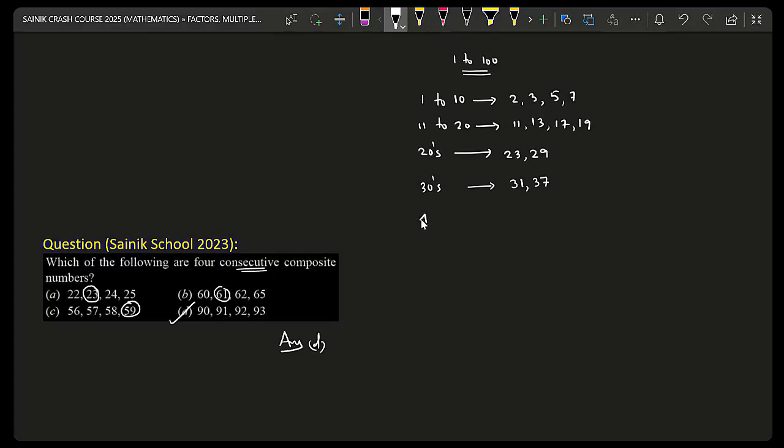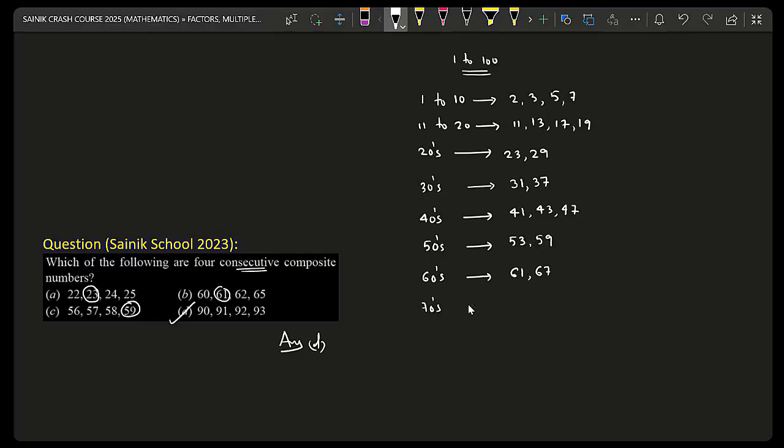And in the 40s, we have three prime numbers. What are they? 41, 43, and 47. In the 50s, we have two prime numbers: 53 and 59. In the 60s, we have two prime numbers, 61 and 67.